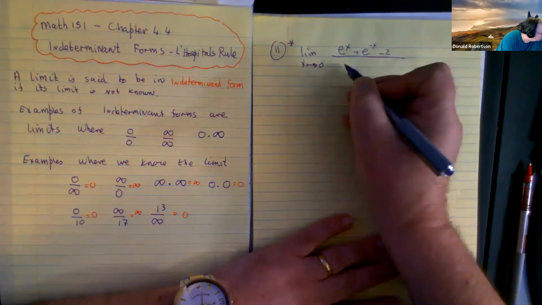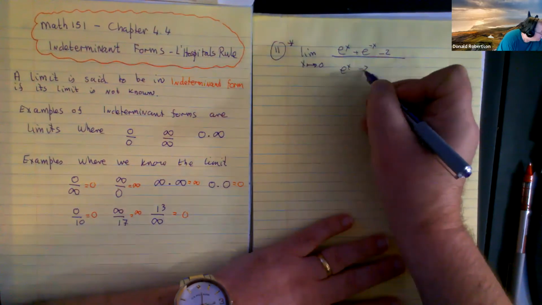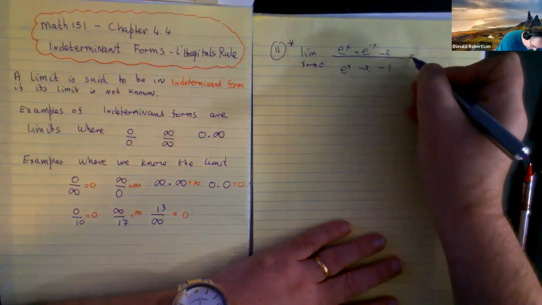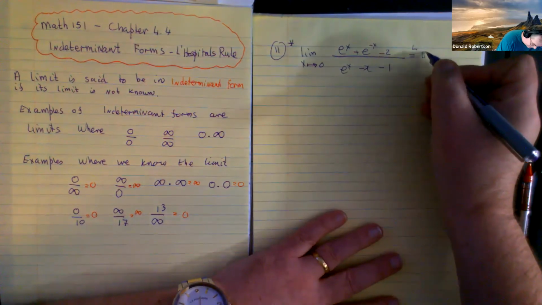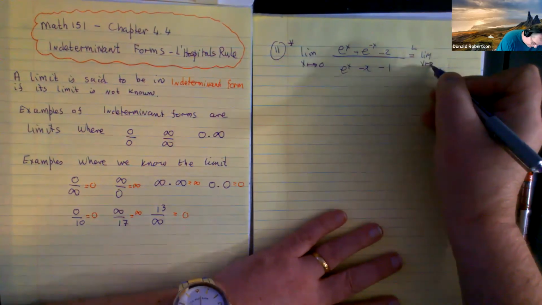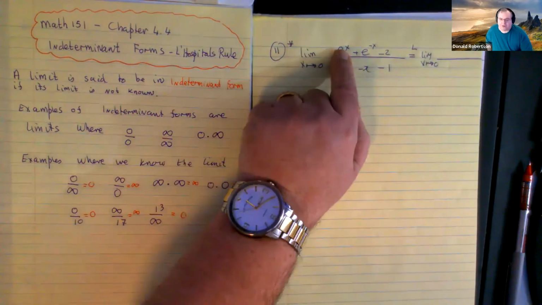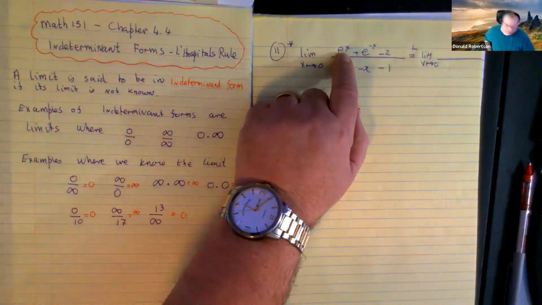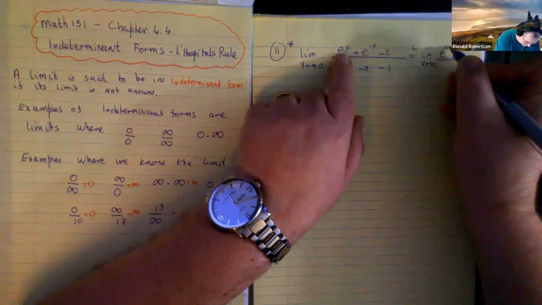Okay, so this one I am going to do, because these are not difficult to differentiate. Differentiate this guy, you get e to the x.